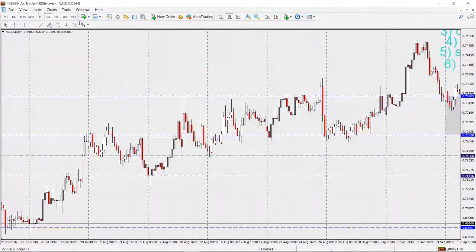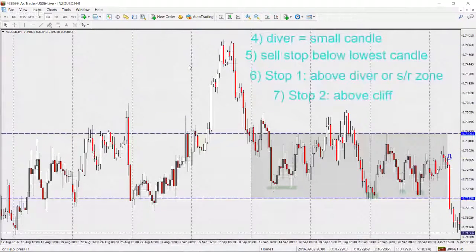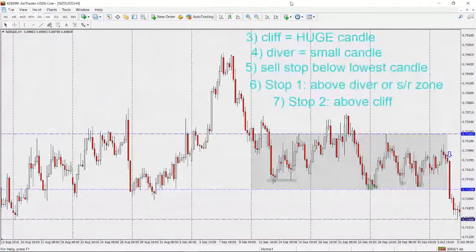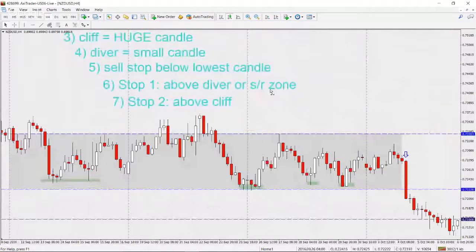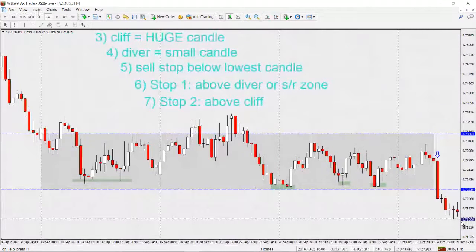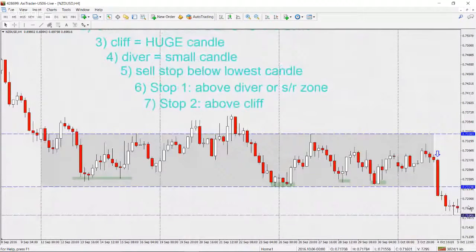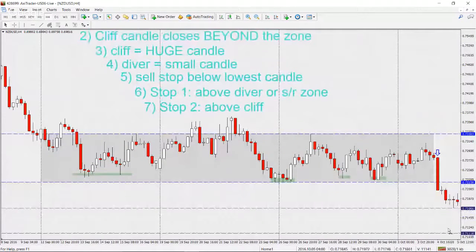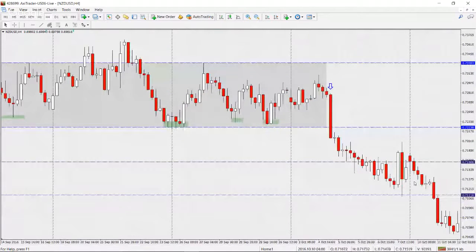And you can see it would have hit target 1. But again, if you have a 90 pip stop, having your target only 30 pips away, that's not going to work. So you're going to have to go for this further target down here. And that is, in fact, hit right there. If it's not hit on this candle, it's definitely hit on this candle.